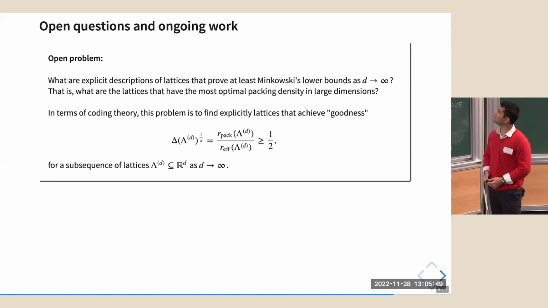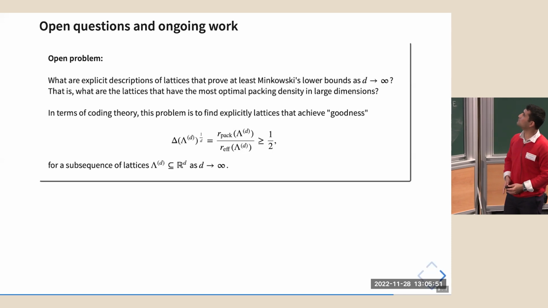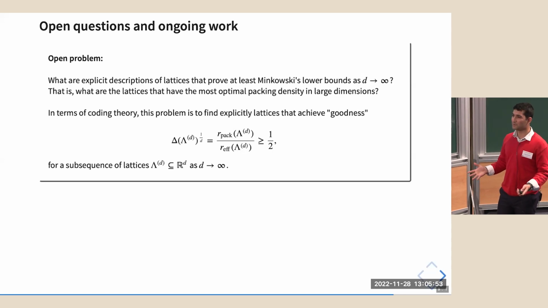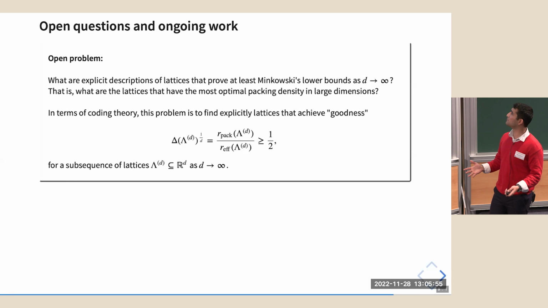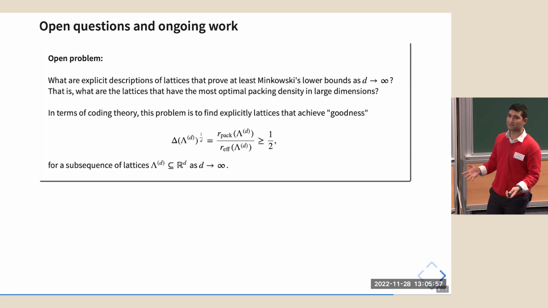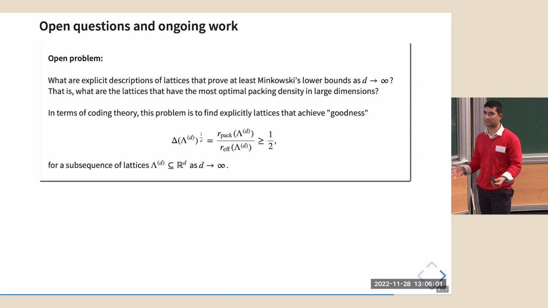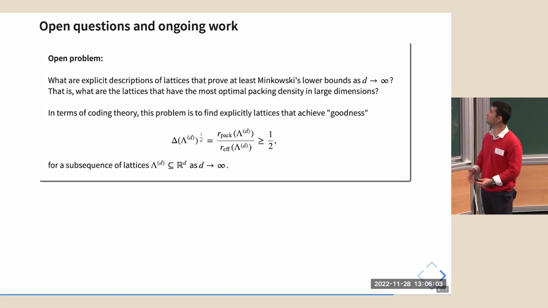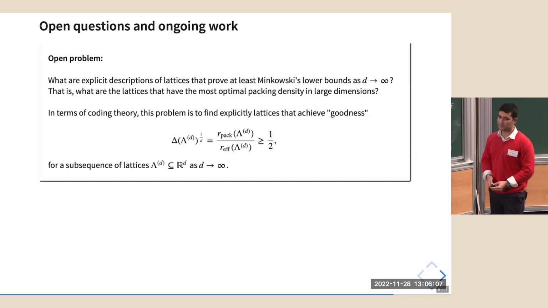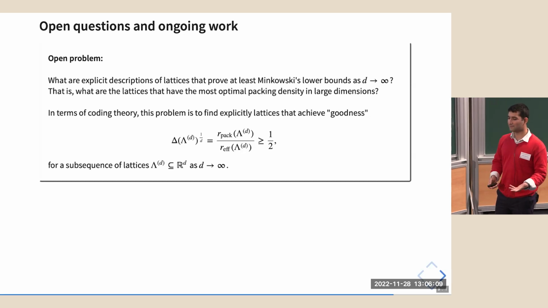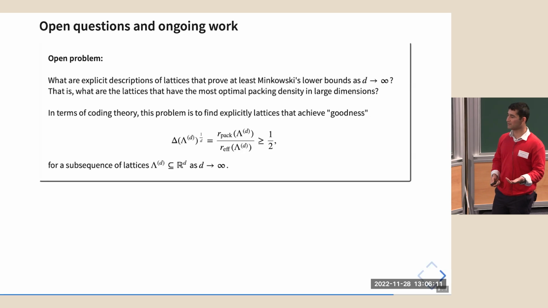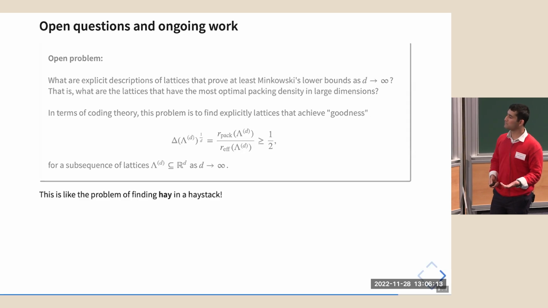The first question is, can you generate it in polynomial time? Minkowski's lower bound has been known since the 1890s. Can you create a lattice that attains Minkowski's lower bound in polynomial time? This is an open question. This 2021 result gives you that.